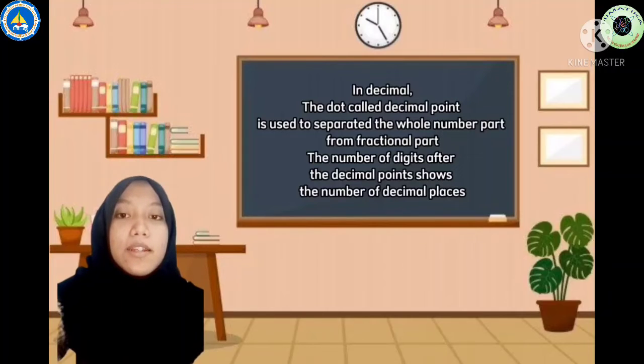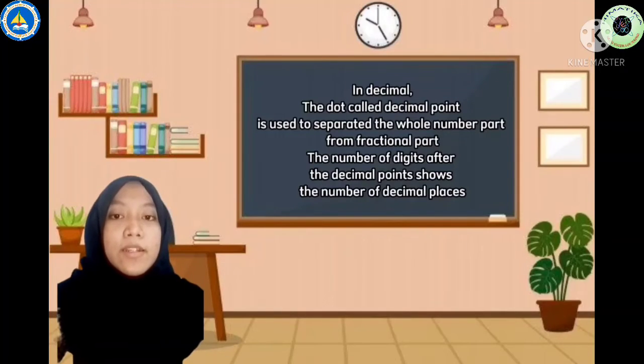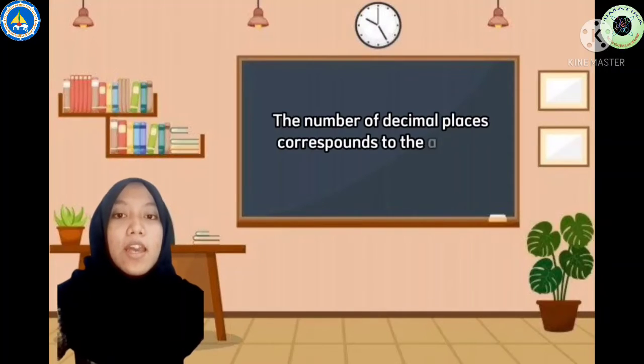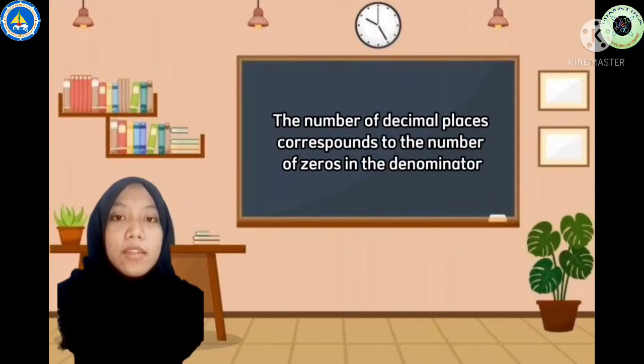The number of digits after the decimal point shows the number of decimal places. The number of decimal places corresponds to the number of zeros in the denominator.